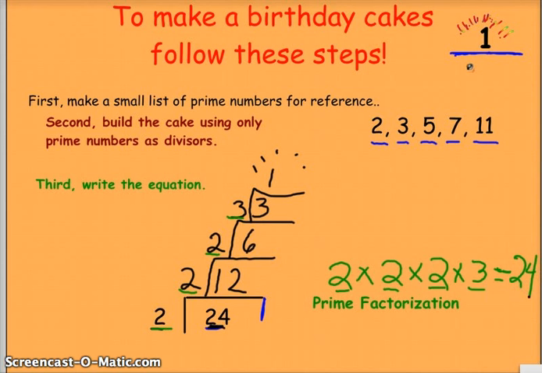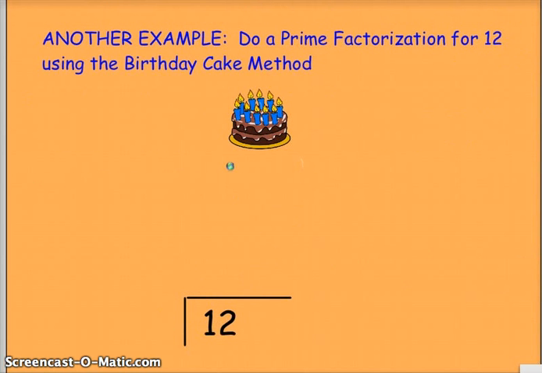That is a birthday cake factorization using prime numbers for the number 24. You can try it now using 12 as an example. Pause your video here and try a birthday cake factorization. You keep adding layers until you get to that number 1, that birthday candle.